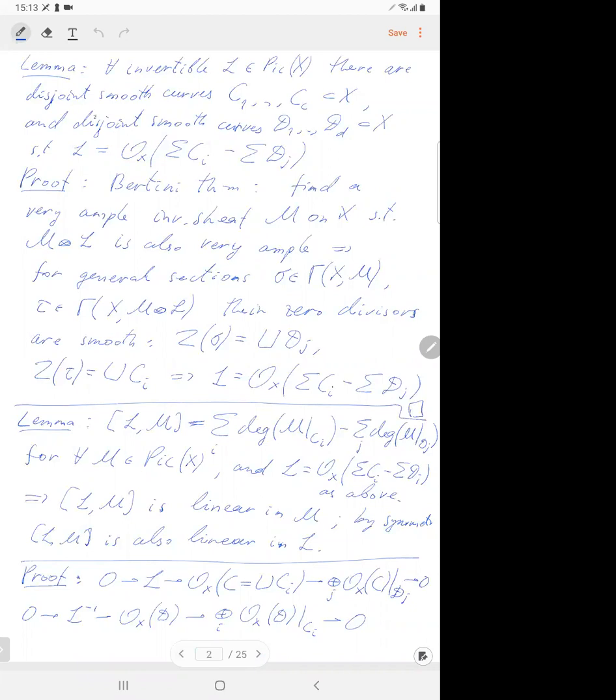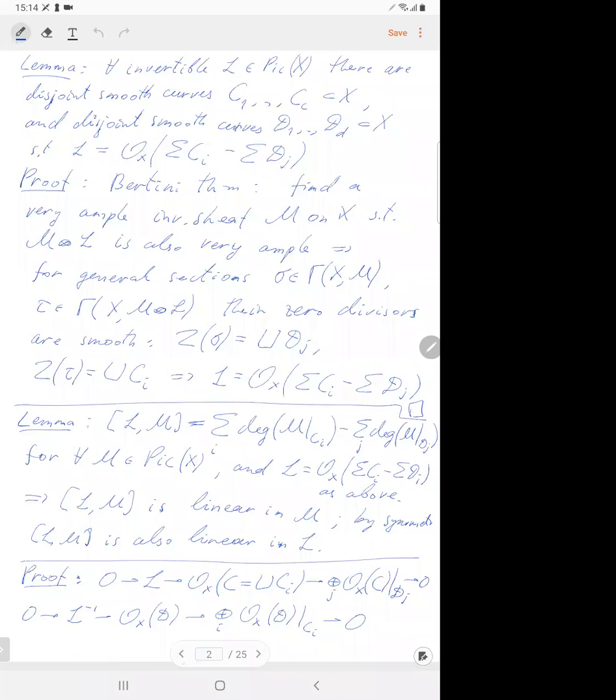Well, I just use the only fact that L is the ratio of two line bundles, M tensor L and M, right? So M is O of D, and M tensor L is O of C. Right? Yes.